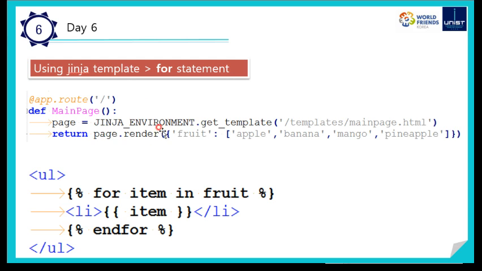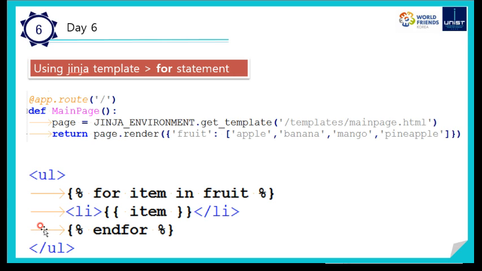So you can handle this parameter inside HTML like curly bracket percent for item in fruit. This syntax is the same as the Python syntax, but you don't put the colon at the end. So like other languages, you should put endfor to end the statement.